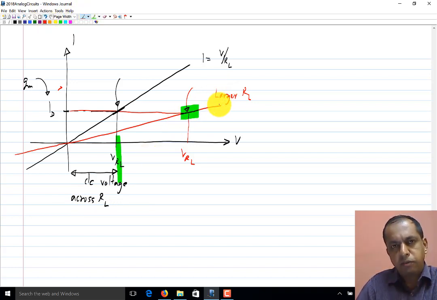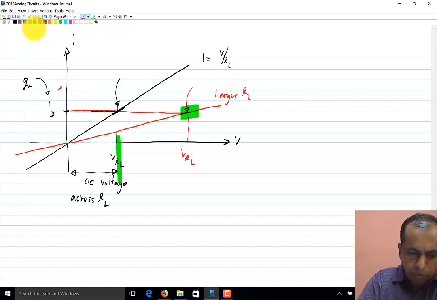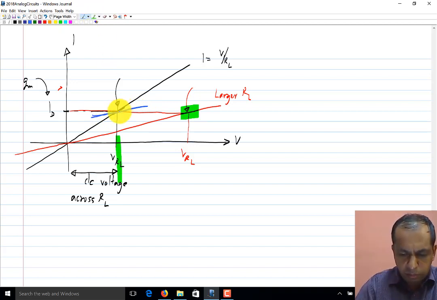But also combine it with the smaller slope. So that means we need a characteristic that's like that. Okay, so it has to pass through this point for a small VRL, and it has to have a small slope.